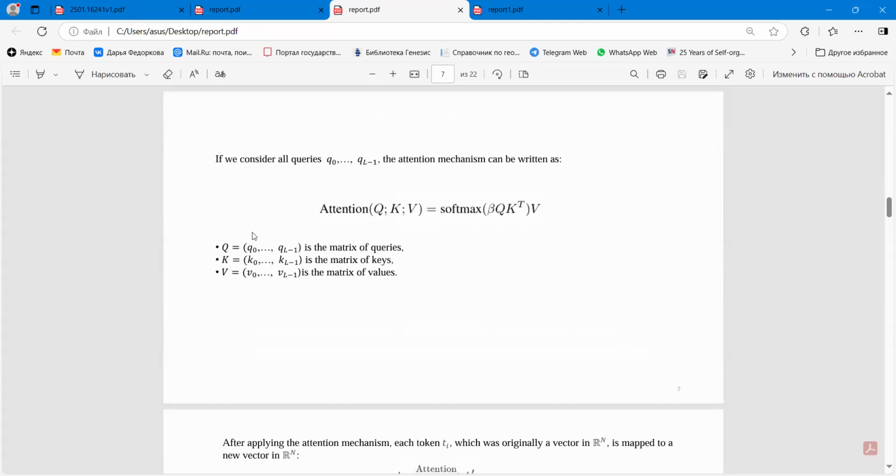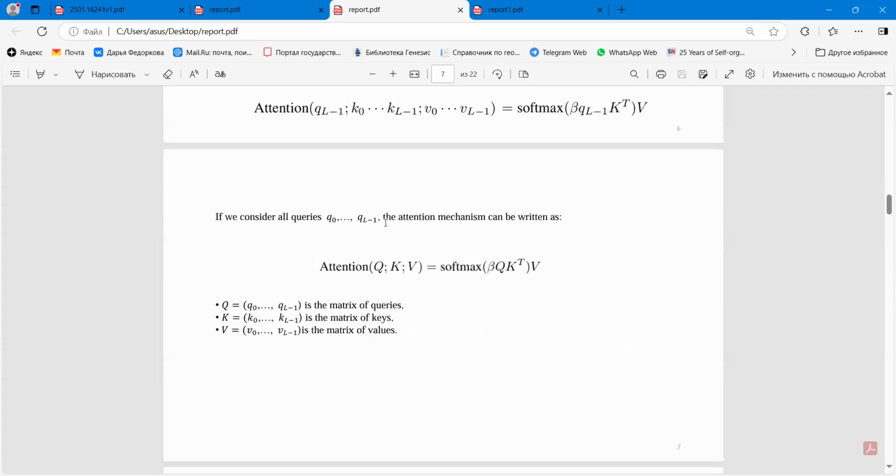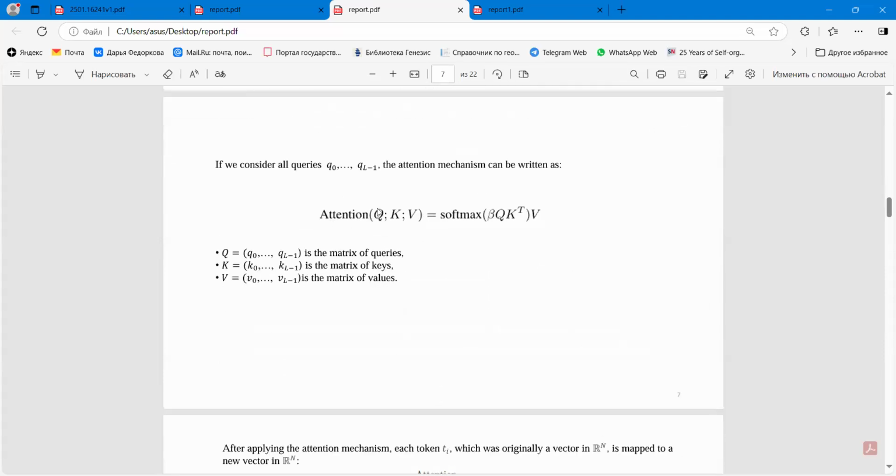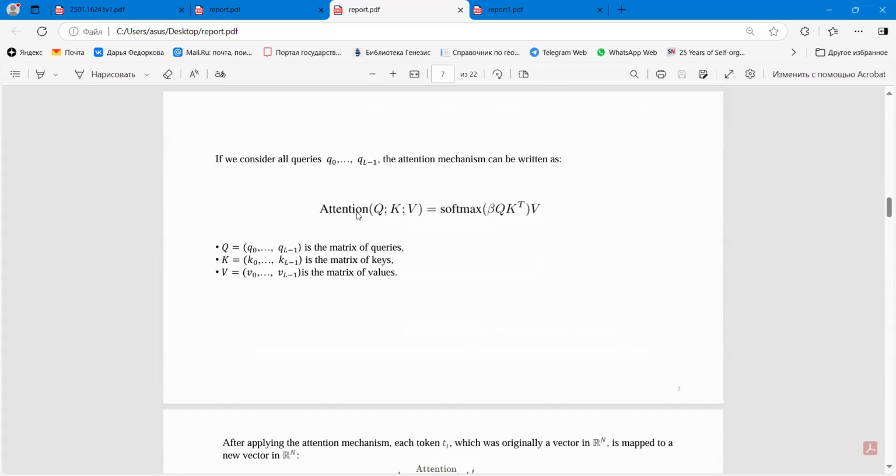If we consider all queries, the attention mechanism can be written like this. We just generalize this equation and get this form. Q, K, and V are the matrices of our values.